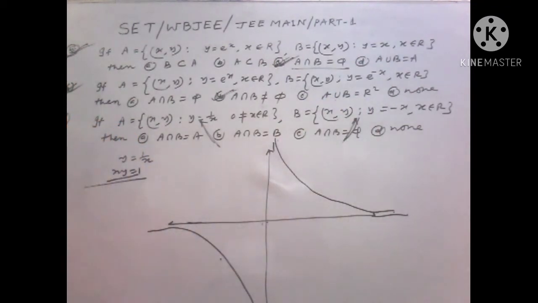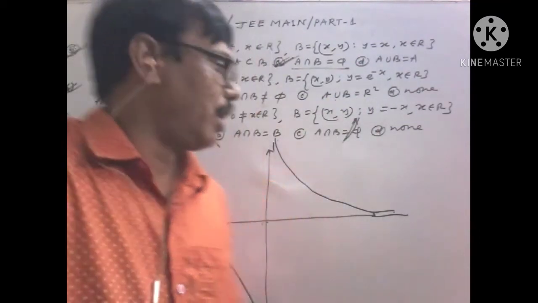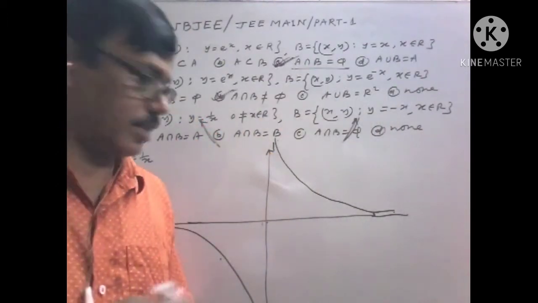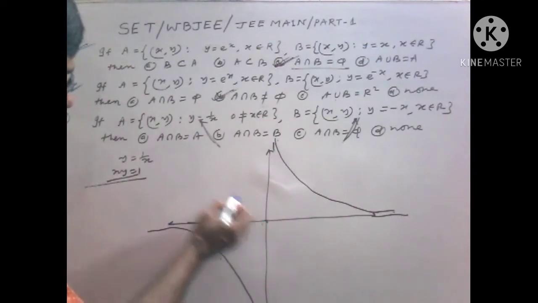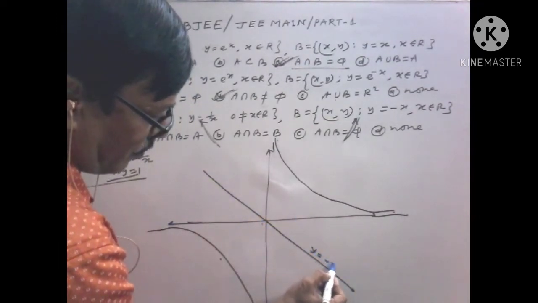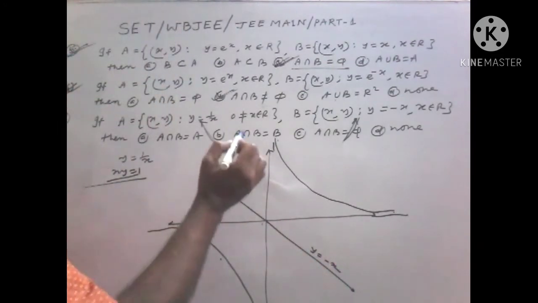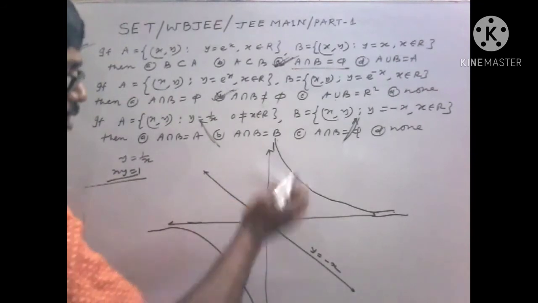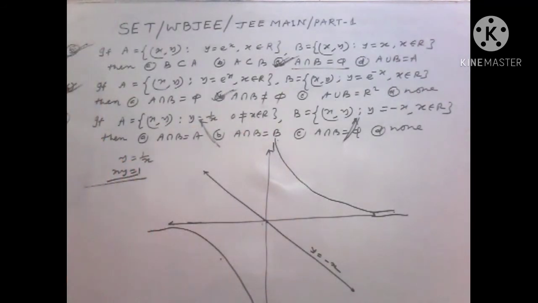Now the second curve is y equals minus x. It bisects the second and fourth quadrant, at a 135-degree angle. So look, there is no intersection.